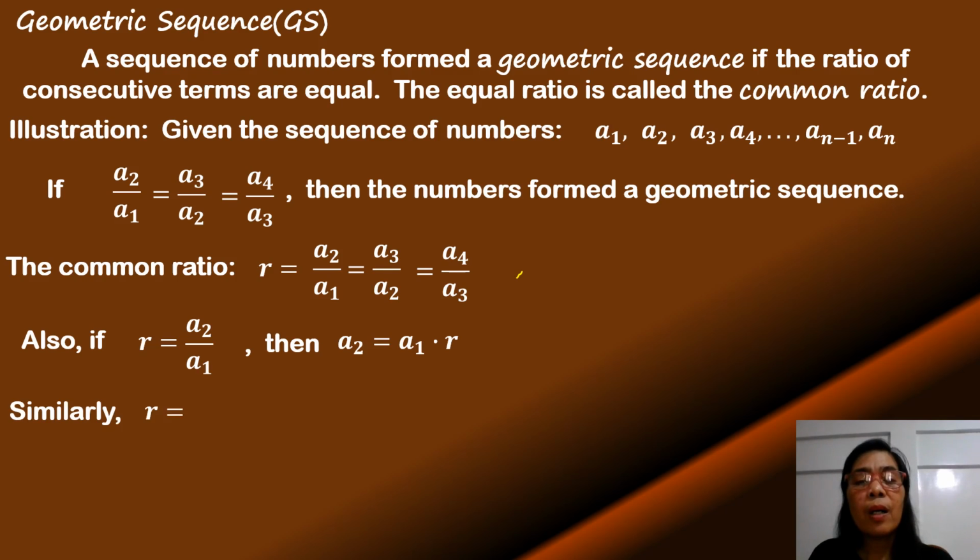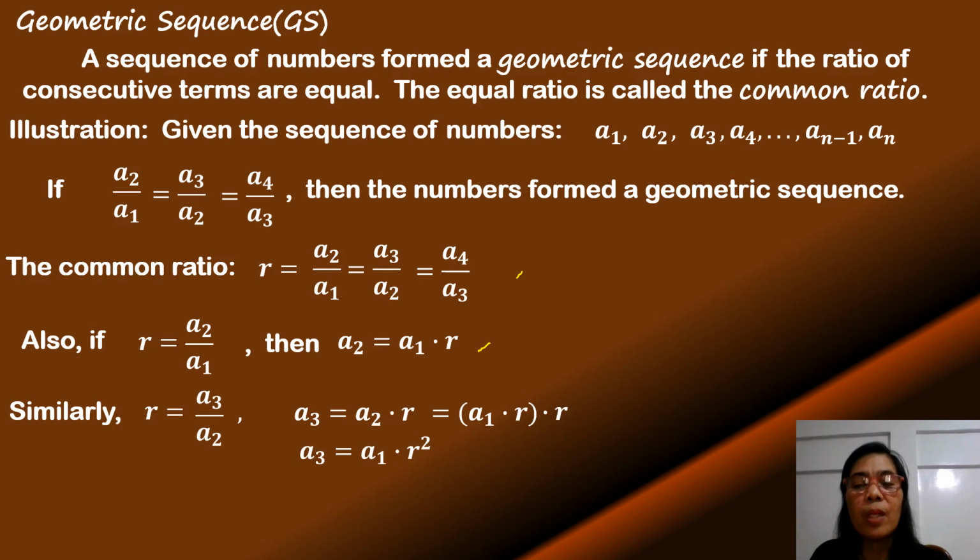Also, r is equal to a sub 3 over a sub 2, so that if we solve for a sub 3, then it is a sub 2 times r. But since we already know that a sub 2 is equal to a sub 1 times r, we therefore have a sub 3 is equal to a sub 1 times r squared.